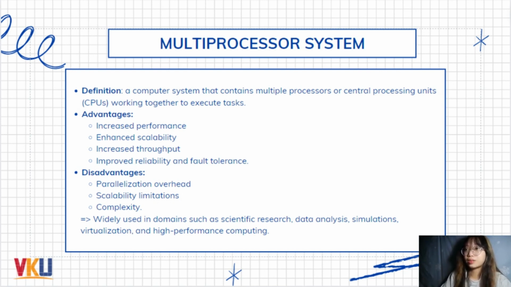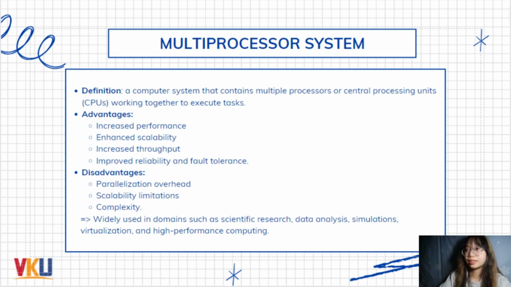The multiprocessor system provides numerous benefits, including increased performance, enhanced scalability, increased throughput, and improved reliability and fault tolerance. However, this system also presents challenges such as parallelization overhead, scalability limitations, and complexity.